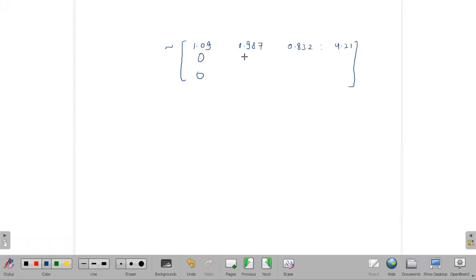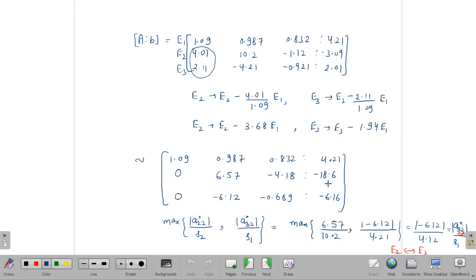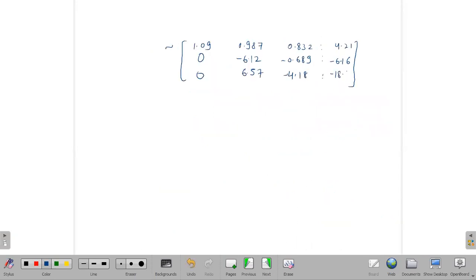Then 0, 0, and minus 6.12, minus 0.689, 6.16. Then 0, 6.57, minus 4.18, minus 18.6. So this is the first row, second row, and third row. Now make this element 0.